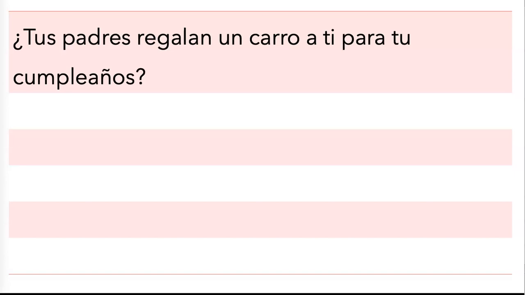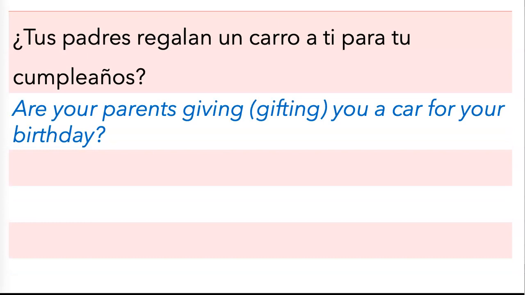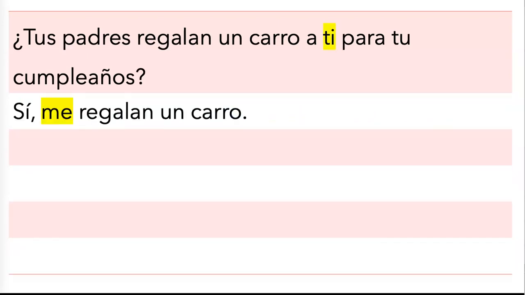What is this asking? Are your parents giving, literally regalar is gifting, you a car for your birthday? And you're going to answer using I or yo. Sí, me regalan un carro. Yes, they're giving me a car.